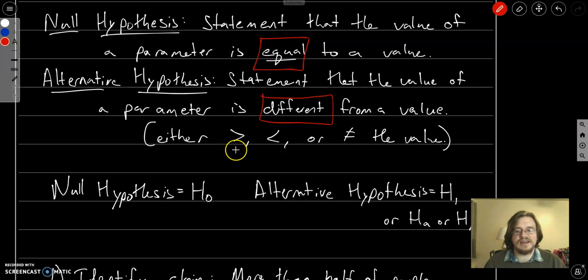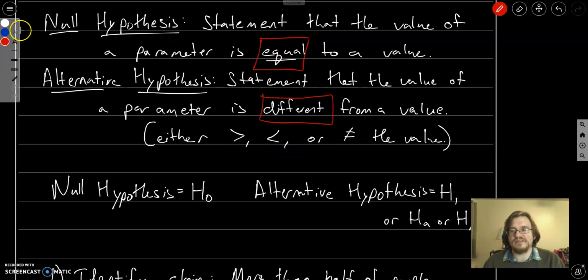So we could say that the parameter is greater than some number. We could say that the parameter is going to be less than some number. Or we could simply say that the parameter is not equal to that value. So an alternative hypothesis is always going to include either a greater than, a less than, or a not equal to.